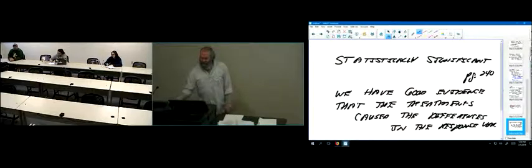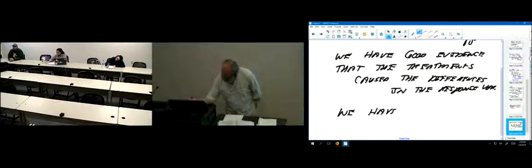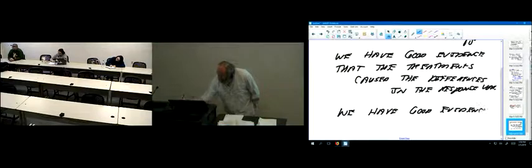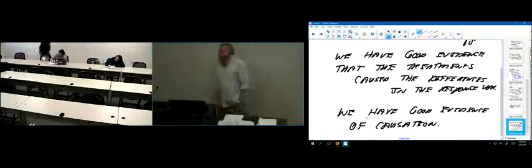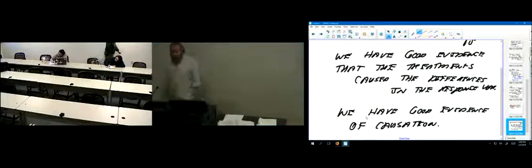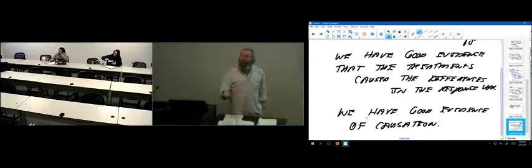Well, what's another way to say the same thing? We have good evidence of cause and effect. We follow all the little rules. We do the 3 principles. We do comparison, we do randomization, where we can repeat it.